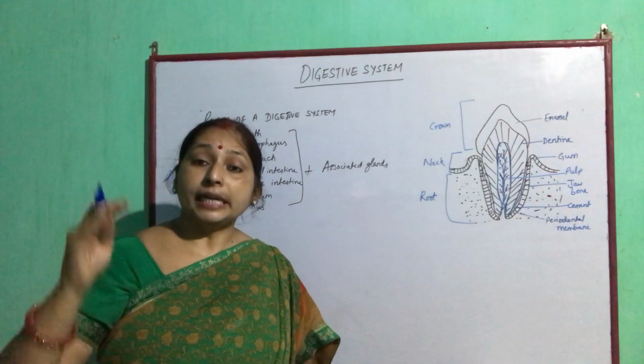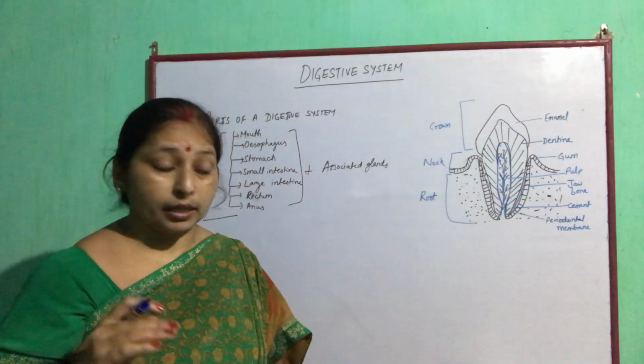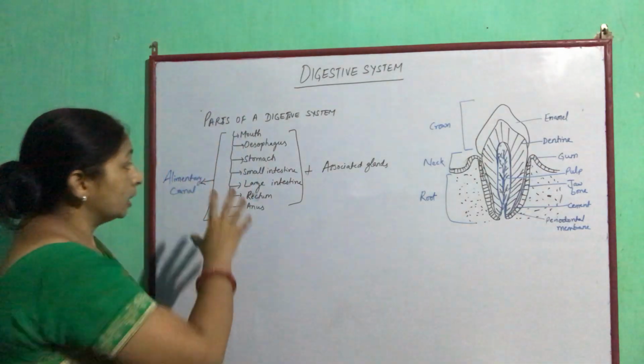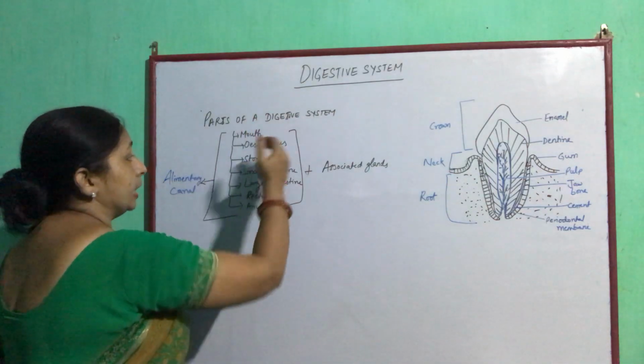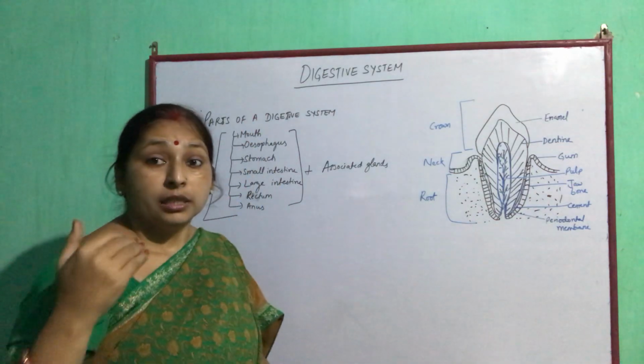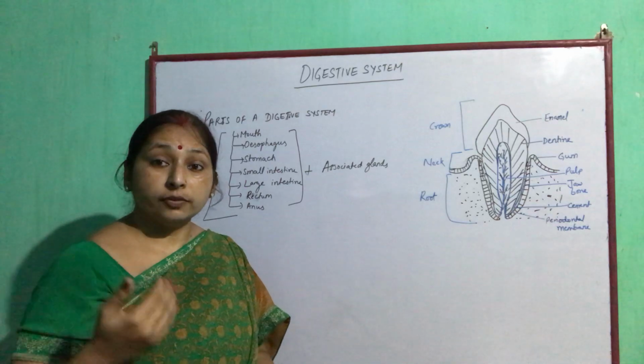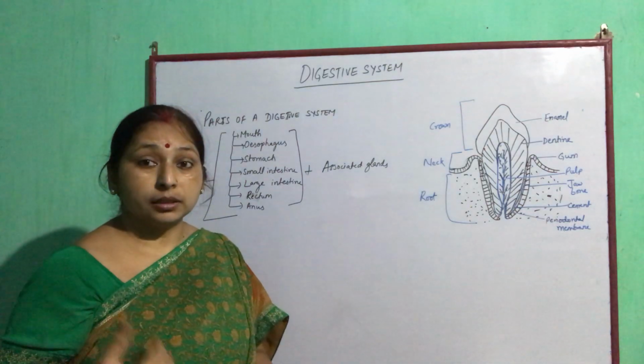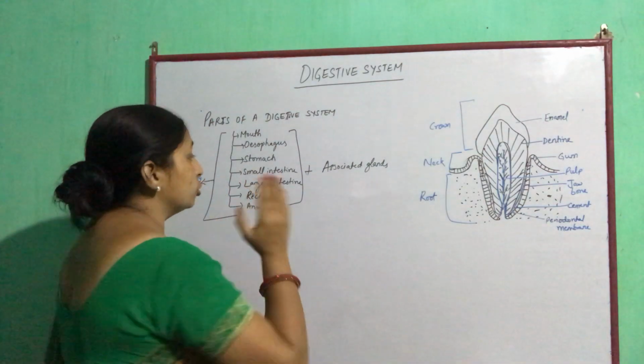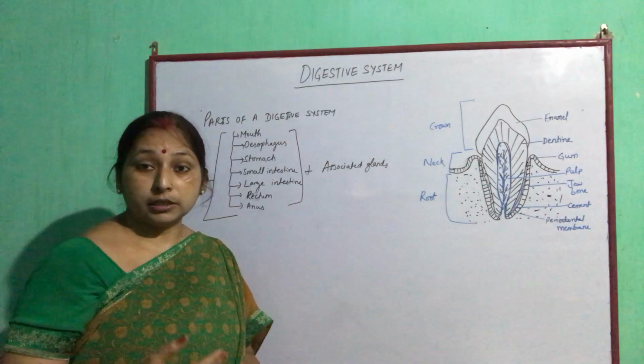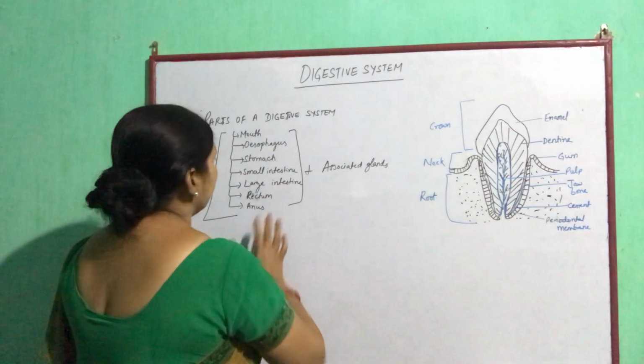So the complete system is termed the alimentary canal. In every stage, the process of digestion is different. The pH of these structures changes just to help in the process of digestion, and this we'll study today.